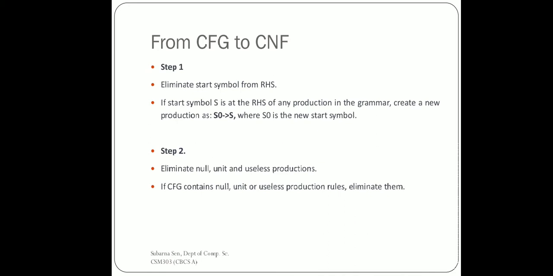If any production is there where A can derive capital S along with other variables or terminals, that is, if the start symbol S appears on the right-hand side of any production, we have to eliminate that. To do so, we introduce a new start symbol which derives the original start symbol. We will see the need for it in later examples.